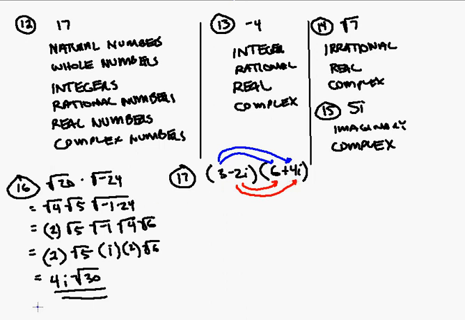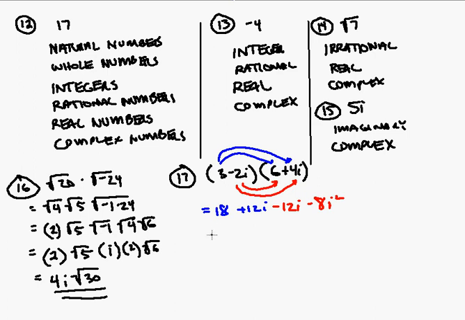So, doing the blue first, 3 times 6 is 18, and 3 times 4i is 12i. And going to the red, I have -2i times 6 is -12i, and -2i times 4i is -8i squared.